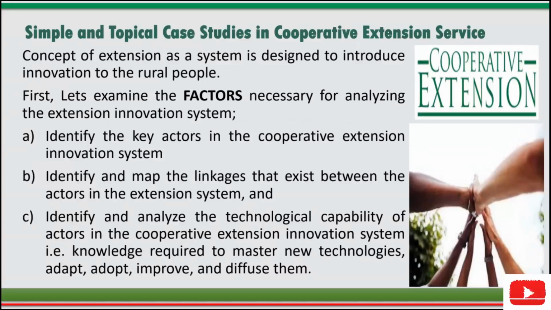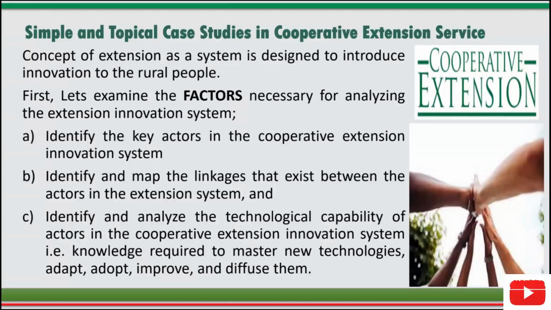Two, identify and map the linkages that exist between the actors in the extension system. Three, identify and analyze the technological capabilities of the actors in the cooperative extension innovation system. That is the knowledge required to master new technologies, adapt them, adopt them, improve them, and diffuse them.